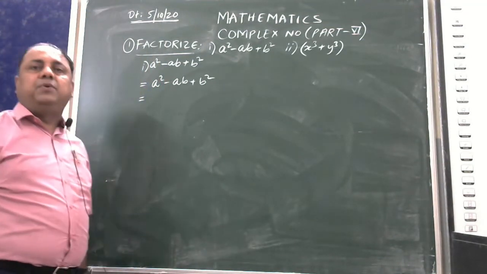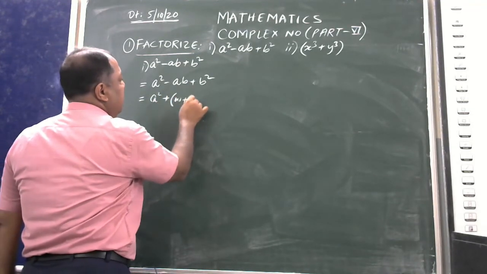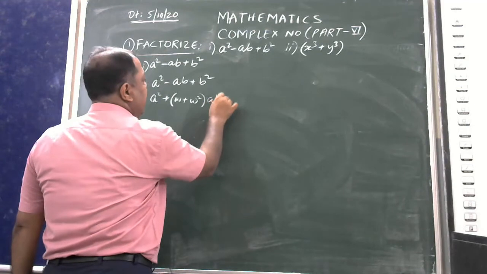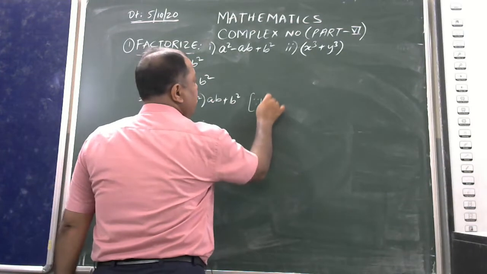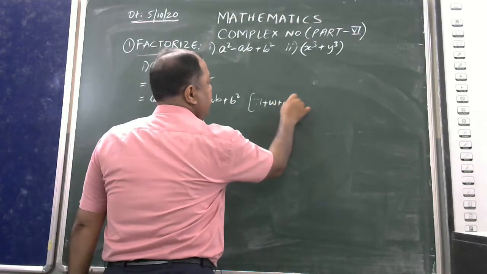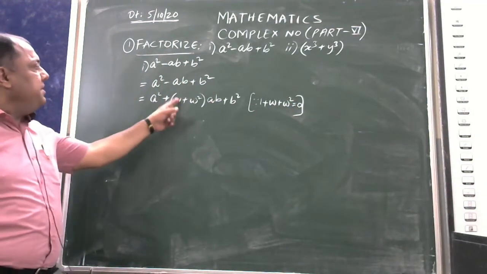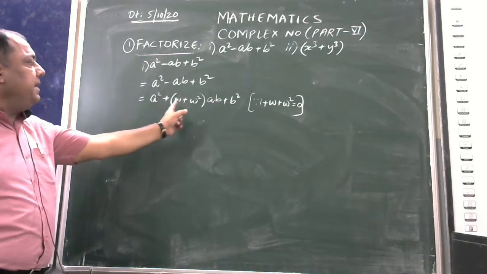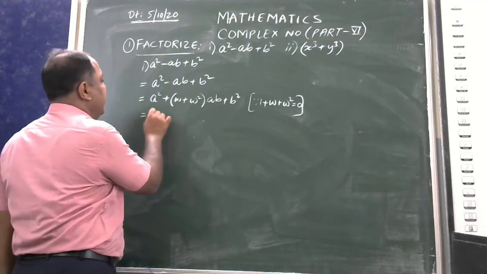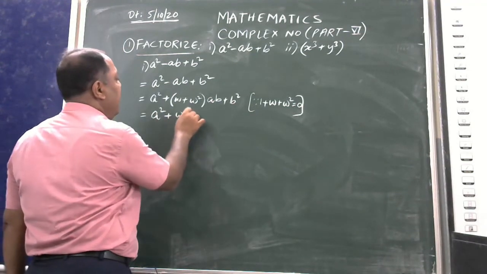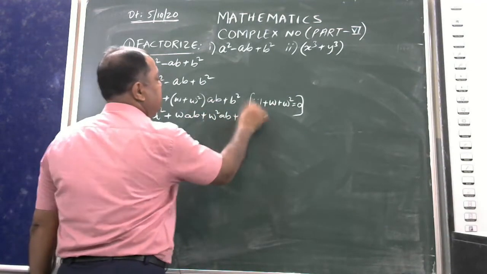Therefore, this minus 1 is replaced by omega plus omega square, which can be further written as a square plus omega ab plus omega square ab plus b square.